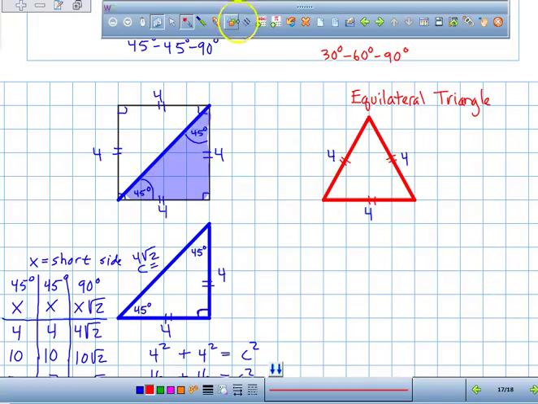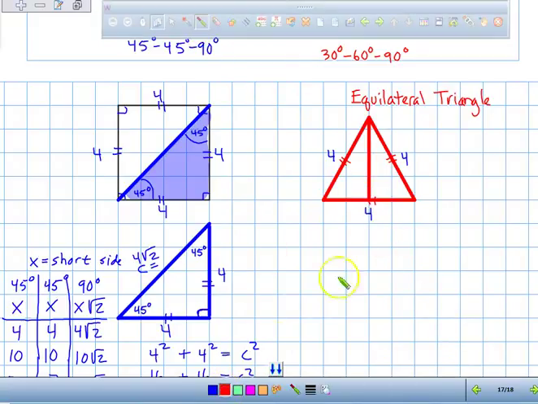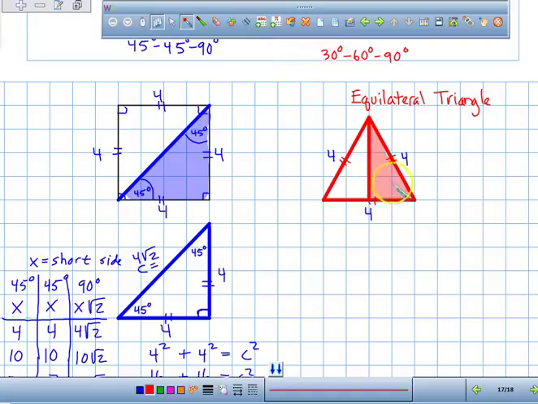Now, this is what I want you to do now. Check this out. I want you guys to take that equilateral triangle, and I want you to split it perfectly in two. And what I'd like you to do is shade in right here. Just shade this one of the triangles in. Now, I don't know if you guys can see this, but hopefully you realize that this is a 90-degree angle. Now, what are the corners of all equilateral triangles always equal? 60.